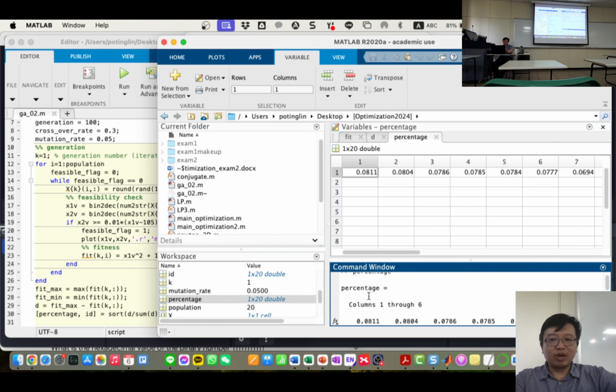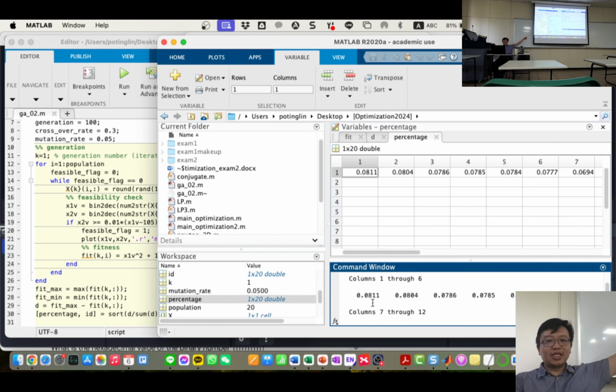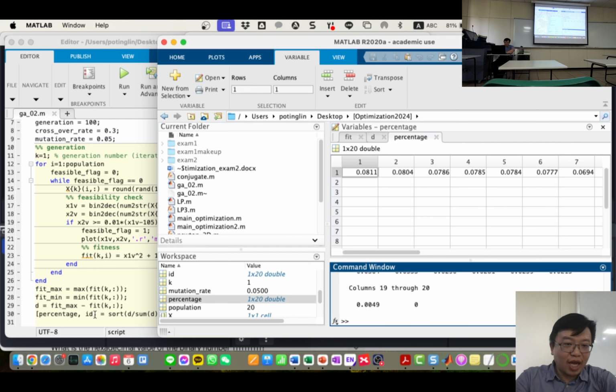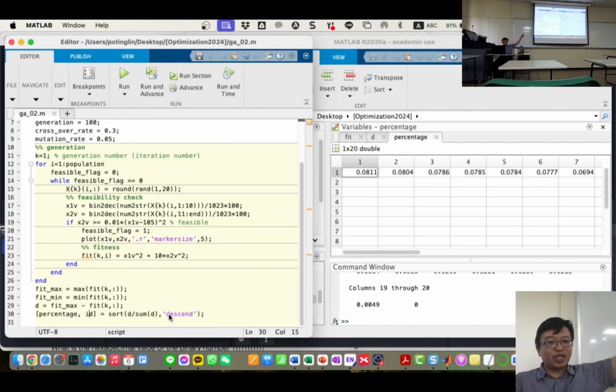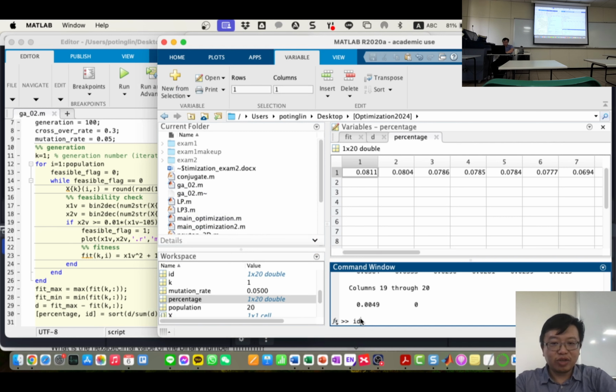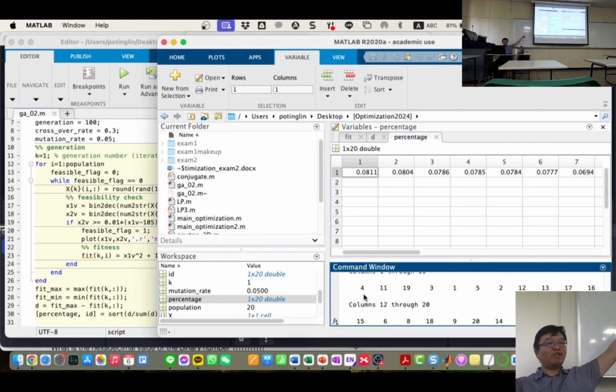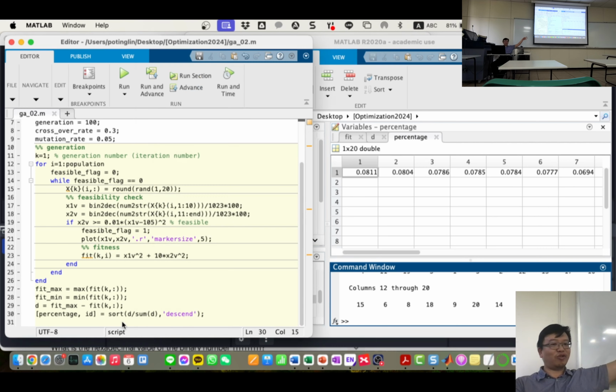Okay? So the first one is the one that has the largest percentage. And when I do the sorting, I also keep the ID. So the ID right now is showing that chromosome number 4 has the greatest percentage, and this is the order. Okay? So the 7th chromosome is the worst after this sort.